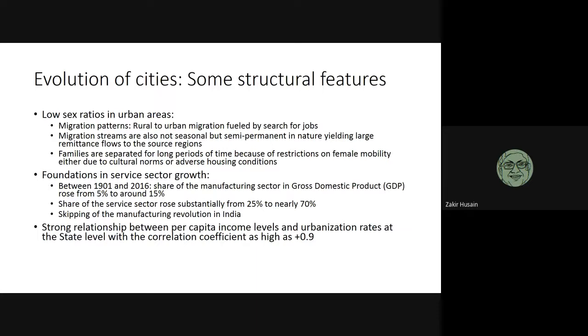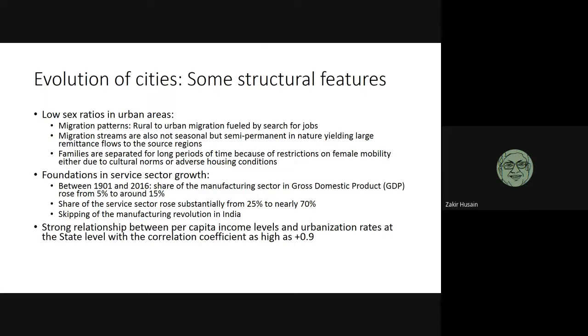This has led to a hypothesis being put forward, which is called the over-urbanization hypothesis. It argues that urbanization in developed countries is related to manufacturing. If we look at the relation between manufacturing and urbanization, as manufacturing grows, urbanization also grows.